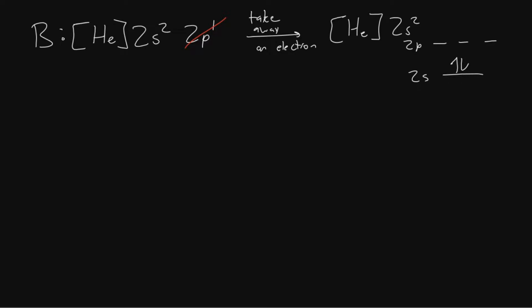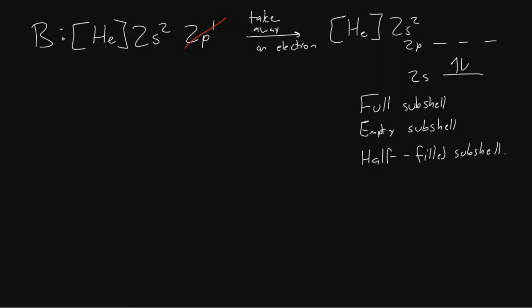Now, anytime you have a full subshell, an empty subshell, or a half-filled subshell, you'll have a more stable configuration. Any of these 3 conditions will give us something stable.